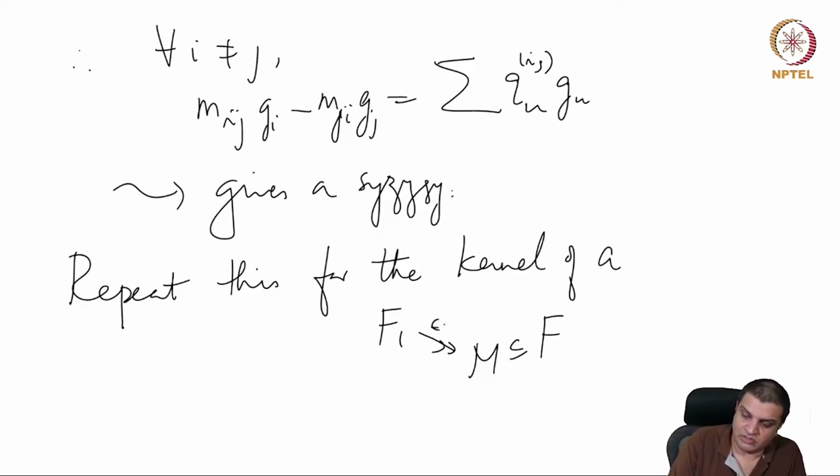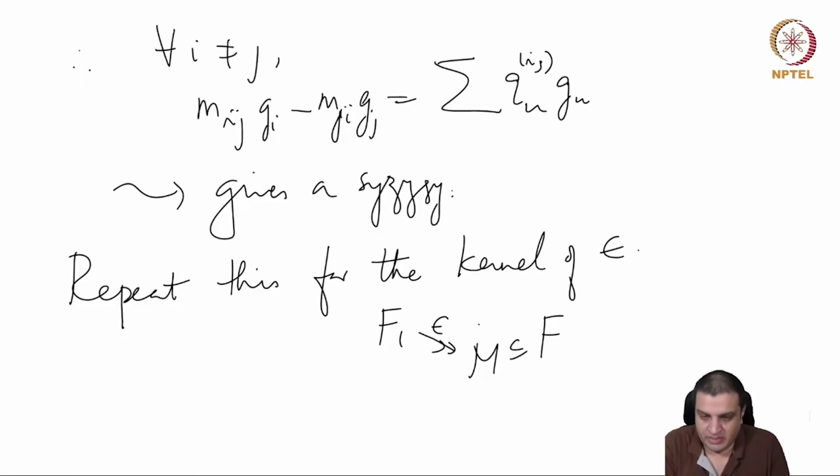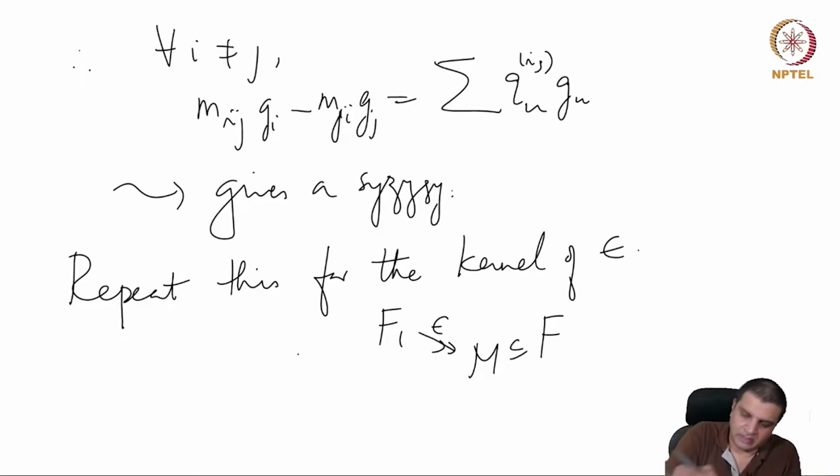Let's call this map epsilon. Repeat this for the kernel of epsilon. This tells us the kernel of epsilon, and then we compute a Gröbner basis and so on, and then repeat this, and that would give us a free resolution.